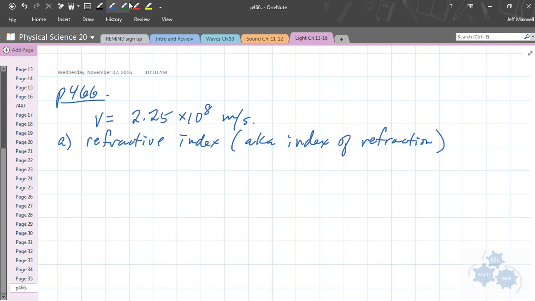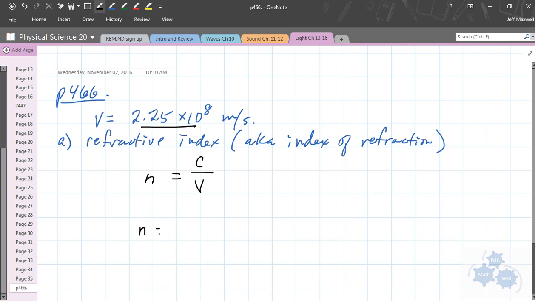All right, so can we figure that out? Pretty easy, actually. You remember your formula: N, the index of refraction, or the refractive index, equals C divided by V. So what do we have? Well, we have V right here, and we always have C, that constant, the speed of light in a vacuum.